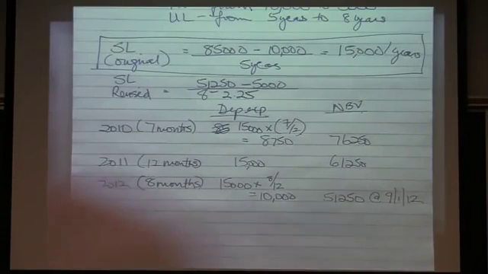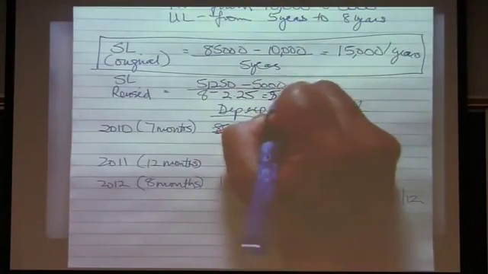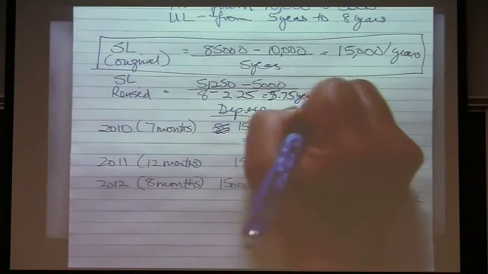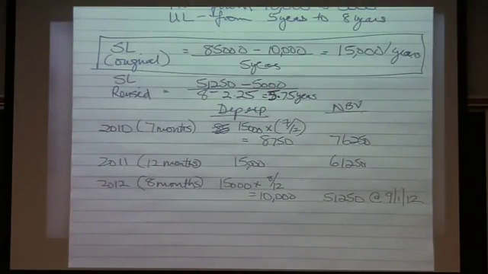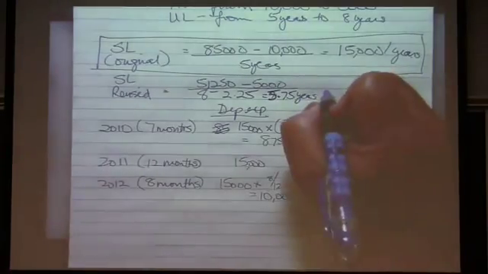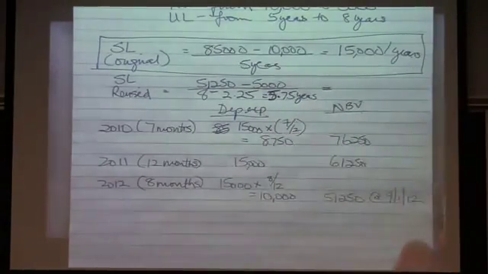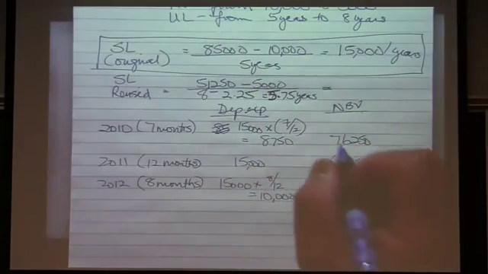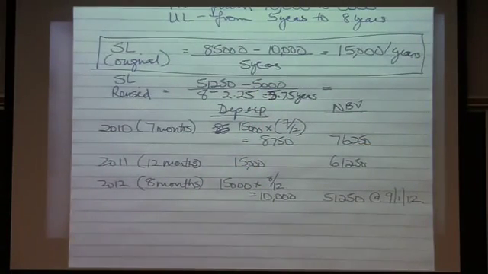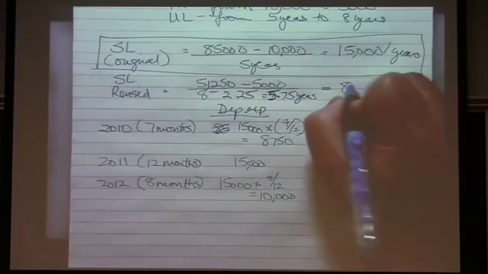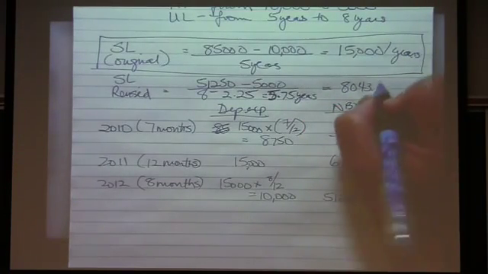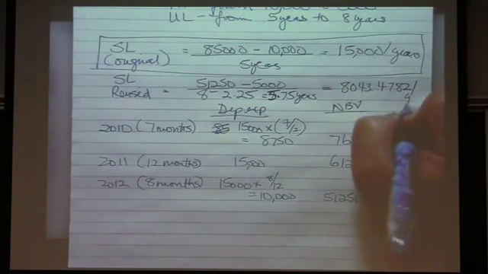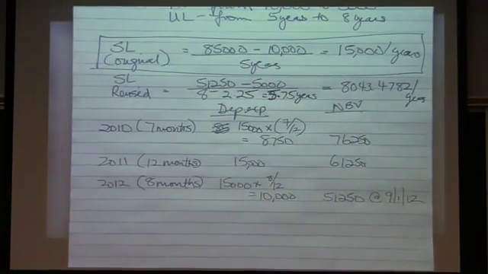And that gives us 5.75 years. Okay? And that gives us a revised amortization or depreciation expense of 8,043.4782 per year. Obviously, we're going to round that, right?